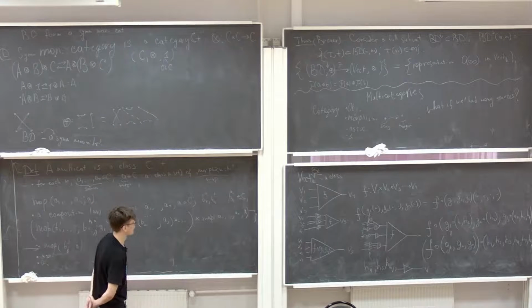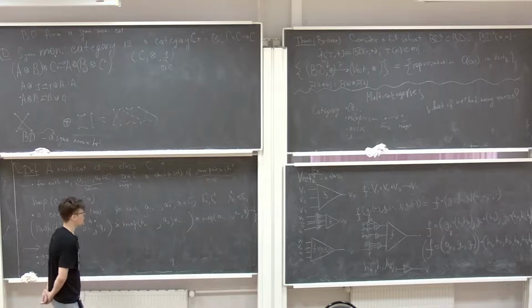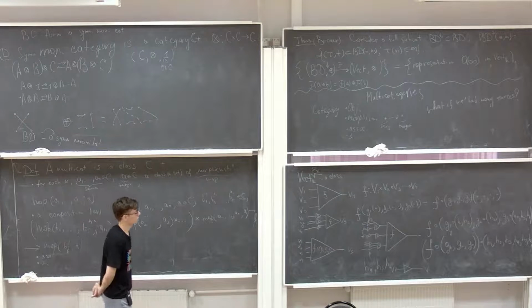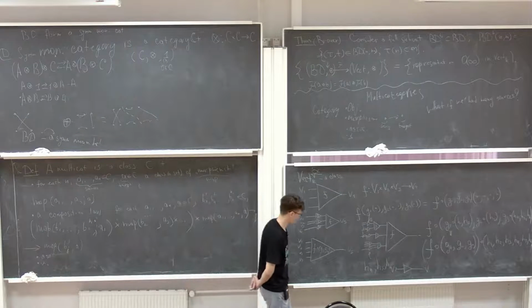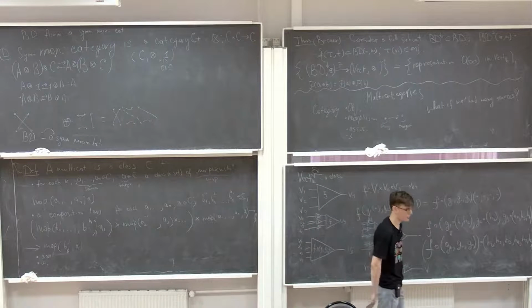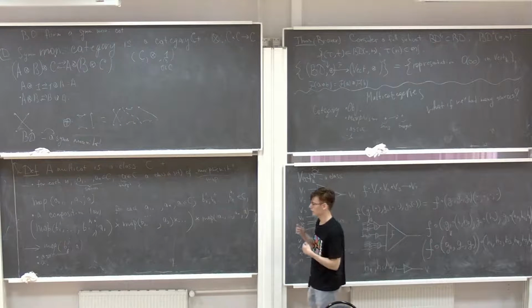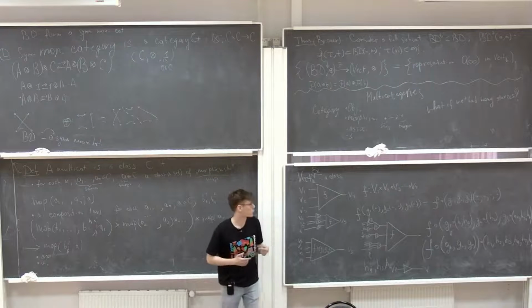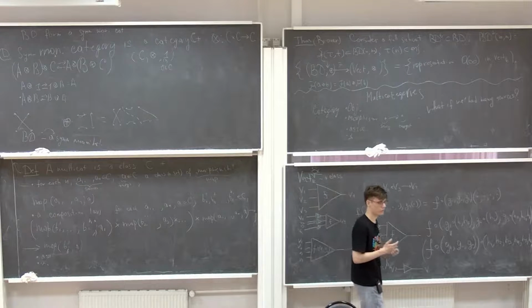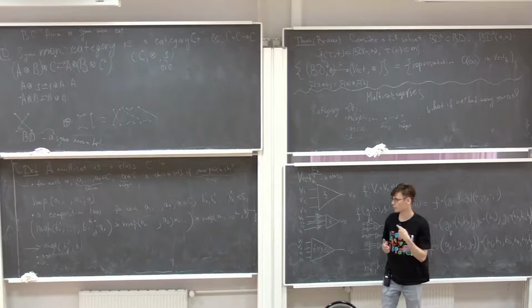Well, what can I add to this definition? How can it be modified? At first, we can say that the order of the functions that we substitute and the order of the variables that we substitute does not matter, so some kind of commutativity.